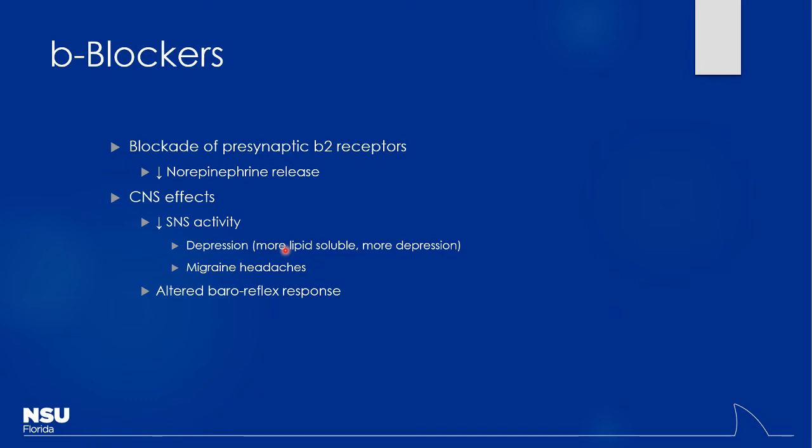And then also, this can induce migraine headaches, but we're going to find later on in the neuro section next semester that this actually can be useful for preventing migraines. So it's one of those odd things where calcium channel blockers and beta blockers can all induce migraines, but they can be used selectively to prevent migraines as well, which is kind of oxymoronic, but it does work out, as you'll see.